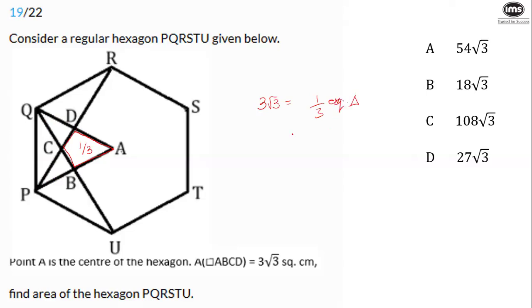So we get the equilateral triangle is equal to 9√3, and the regular hexagon is 6 equilateral triangles, which gives us 6 into 9√3, which is 54√3. The first option is the correct answer, 54√3.